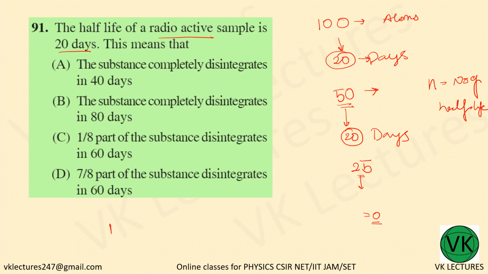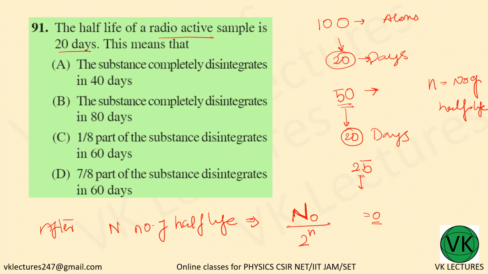After n number of half-lives, how much of the radioactive element is left is given by N_0 divided by 2 to the power n, where N_0 is the initial number and n is the number of half-lives. So here they are telling: substance completely disintegrates after 40 days.